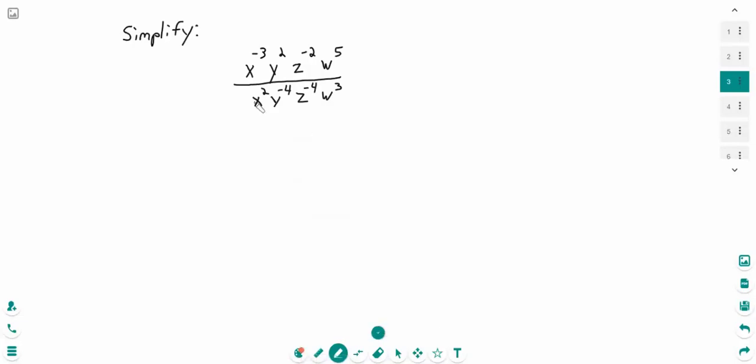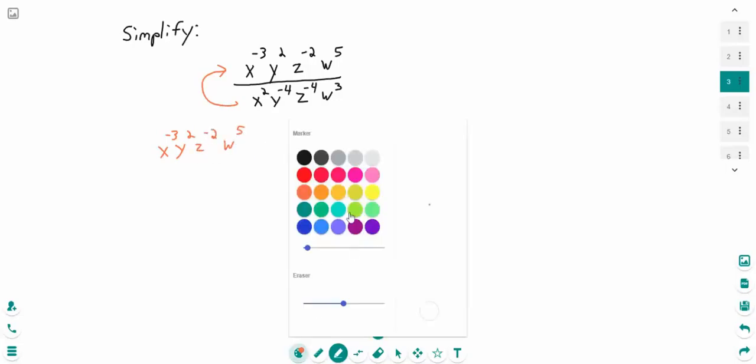So if I have this expression, let's say first off, let's move everything from the denominator into the numerator. All right, let's do that as our first way to simplify this. So we're going to keep the numerator as it is. So we have x to the negative 3, y to the second, z to the negative 2, w to the fifth.